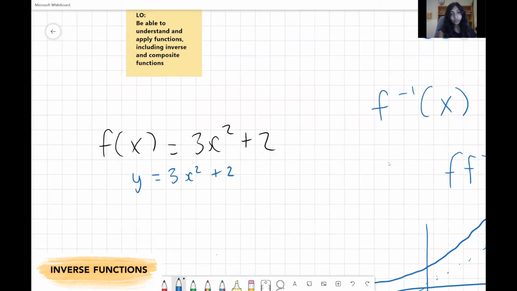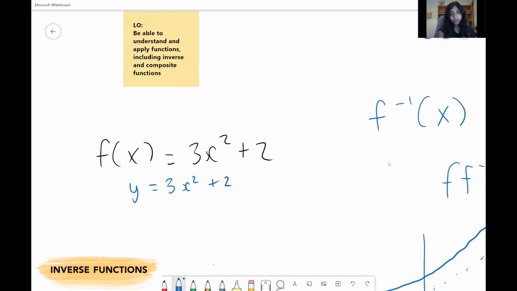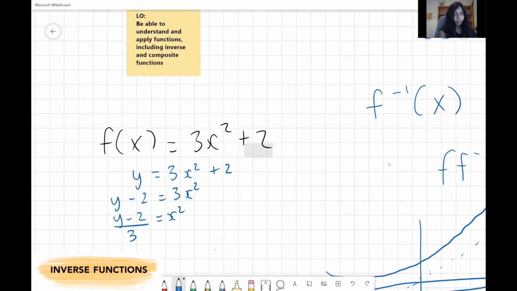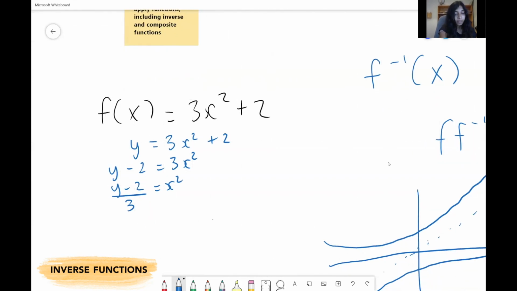And then you'd rearrange this to have x on one side. So y minus 2 is equal to 3x squared, then divide everything by 3, so you'd get y minus 2 over 3 is equal to x squared. Then you would have plus or minus the root of y minus 2 over 3 is equal to x. Then you just replace x with the inverse.